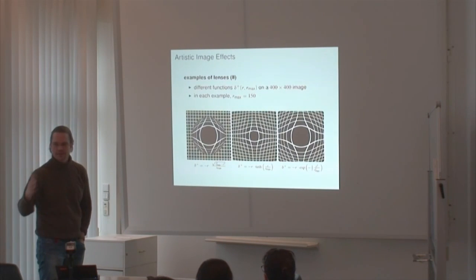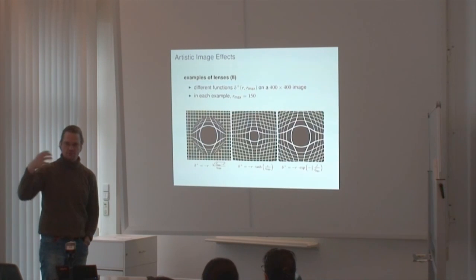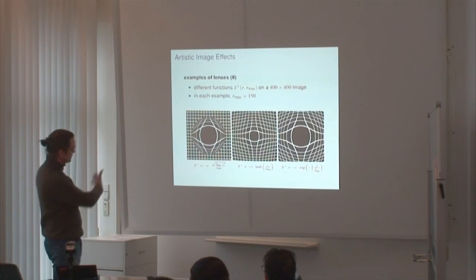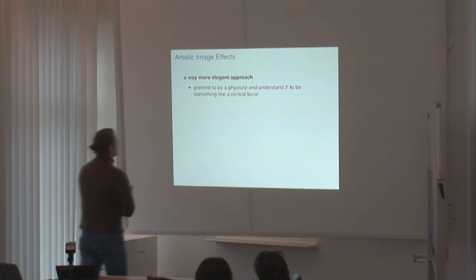I cannot tell you what to do here. If you ever have to do this for yourself, you have to think about a suitable function that has the properties we just discussed. And as you can see, there are many. Now, here is what I actually wanted to tell you.